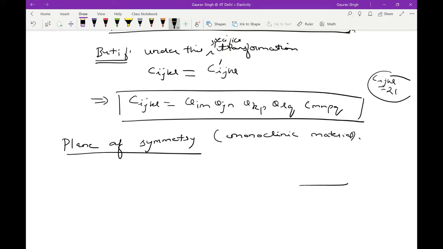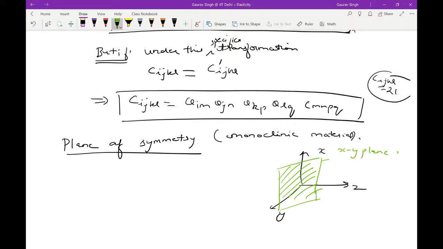So if this is your x, y, or sorry, let me call this z, and if the plane of symmetry is along this xy plane.